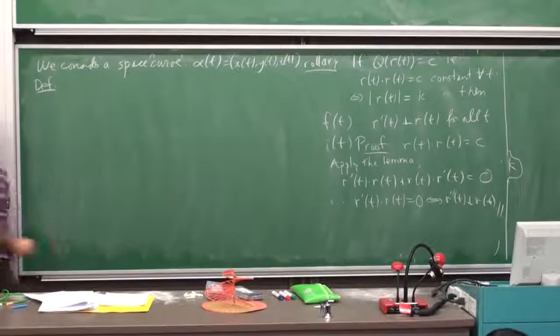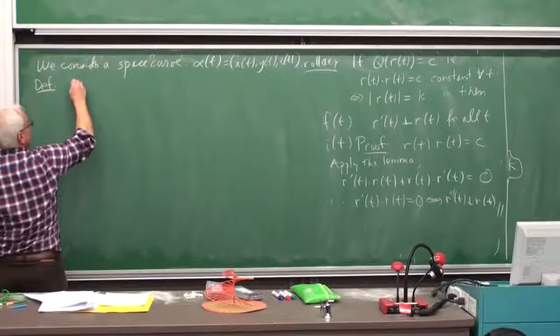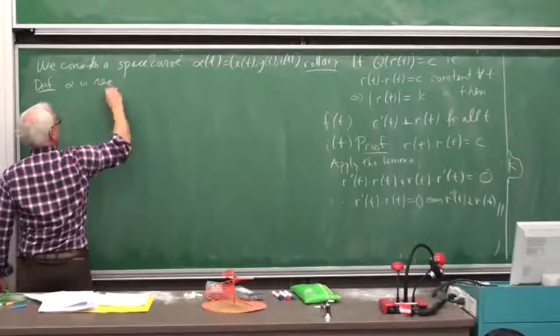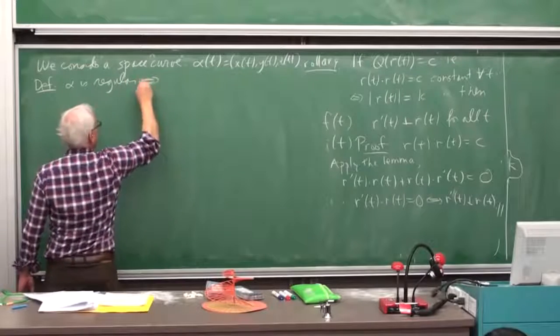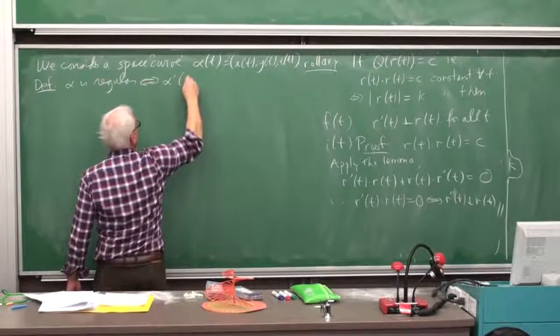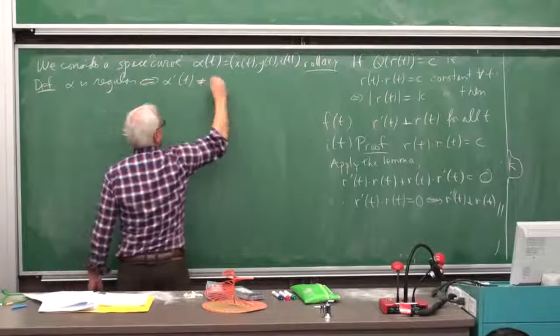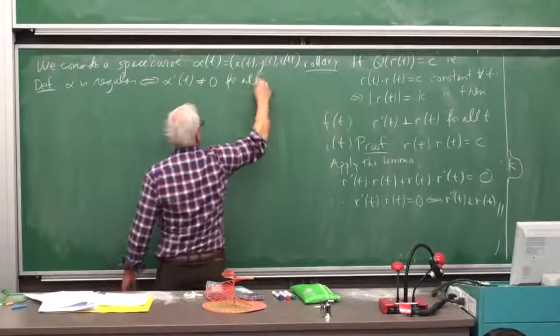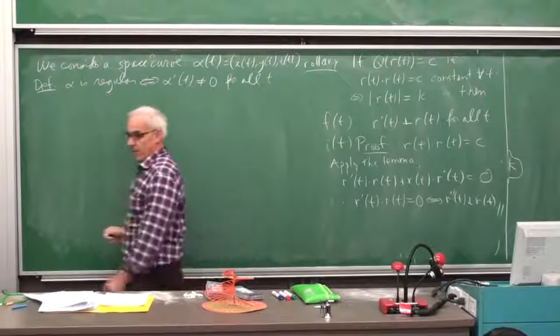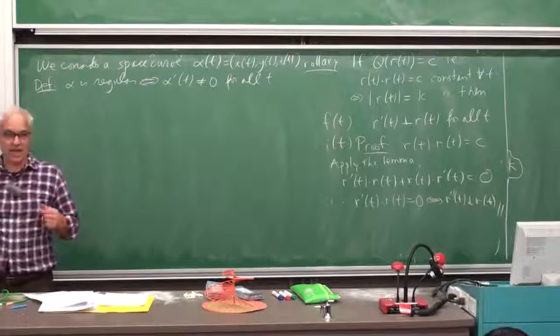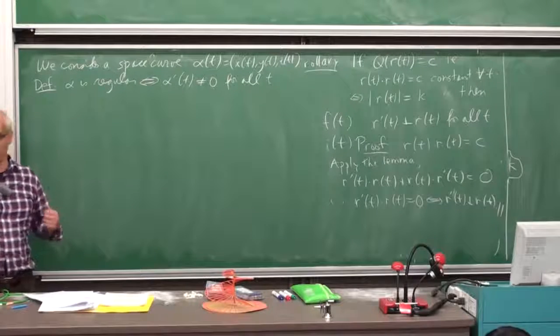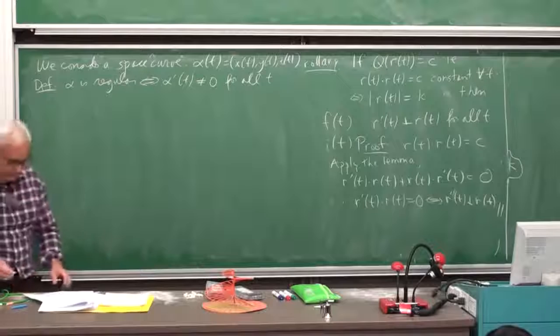We say that this curve is regular, alpha is regular, if alpha prime of t is not equal to 0 for all t. If the velocity doesn't actually ever become 0. The thing keeps moving. Okay.